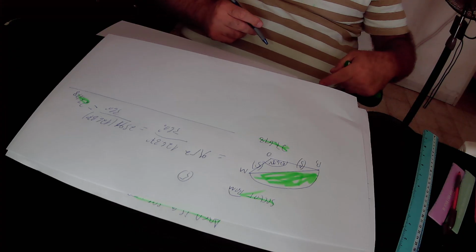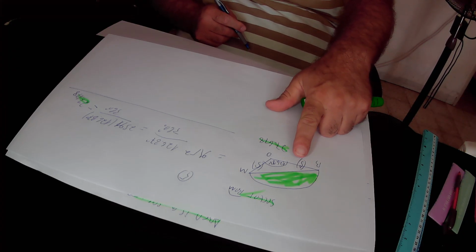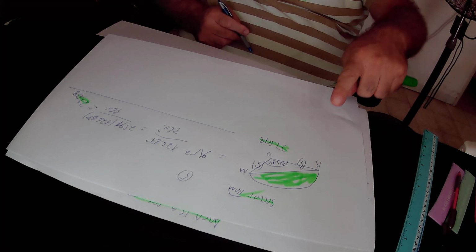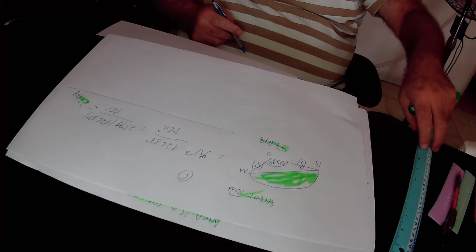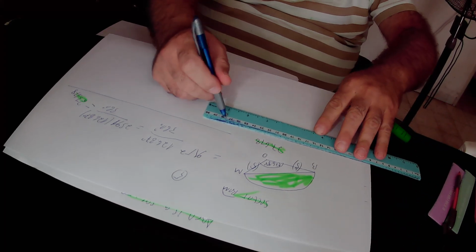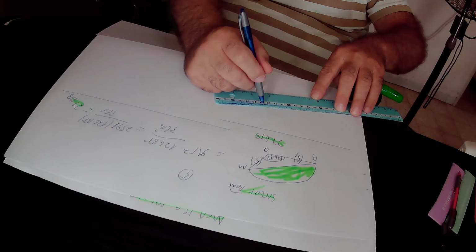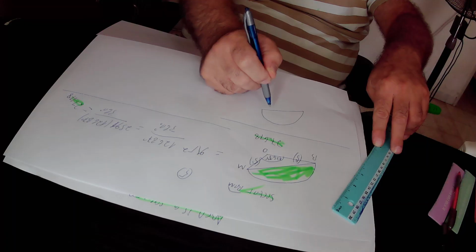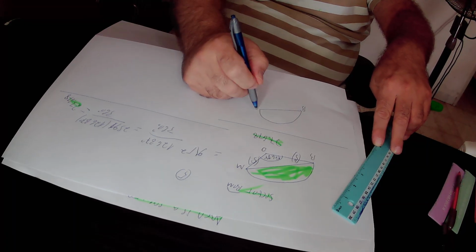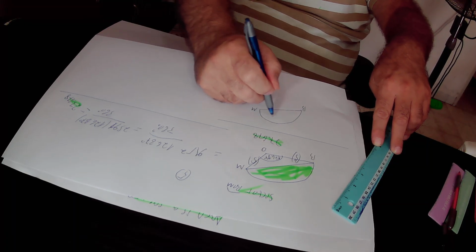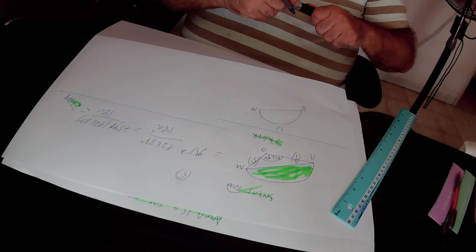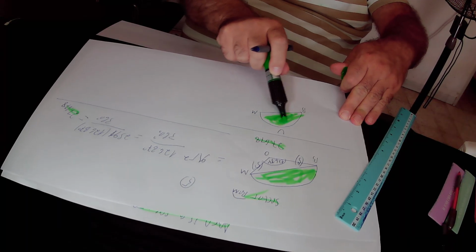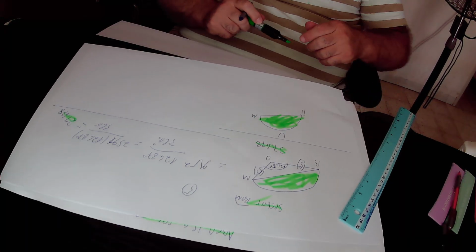Our task is to find the area of this green segment, the upper segment BOM. What is the area of this green upper segment BOM?